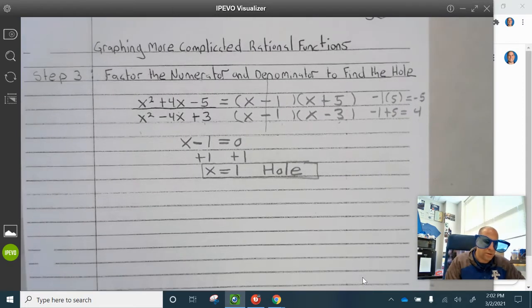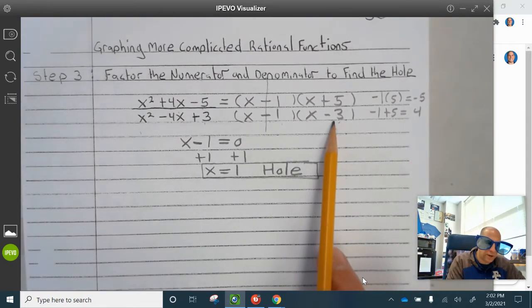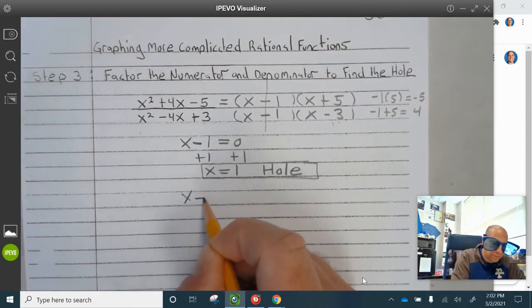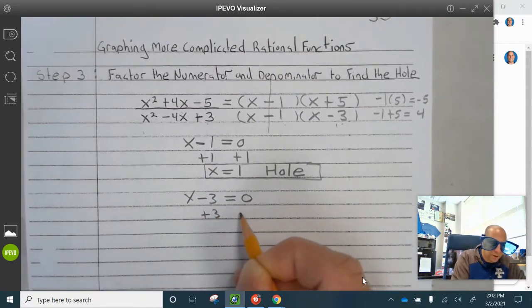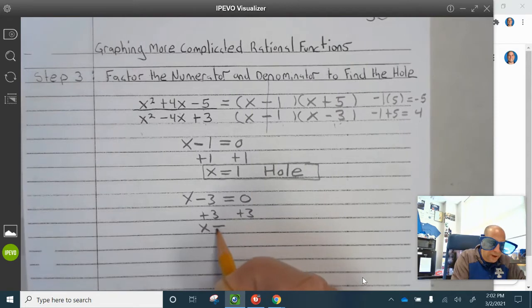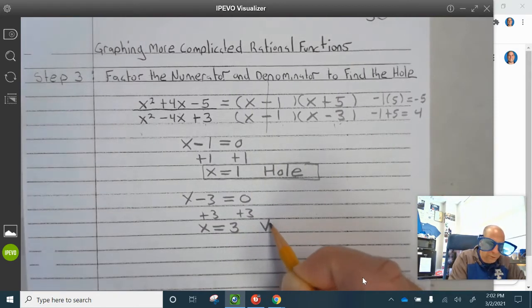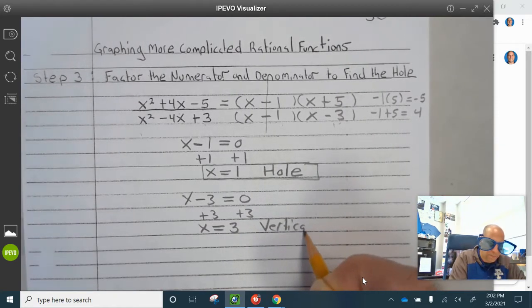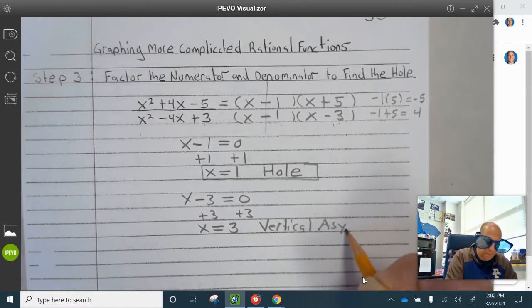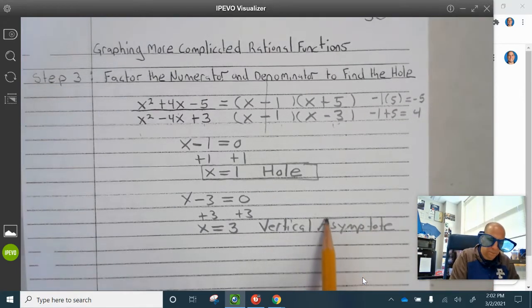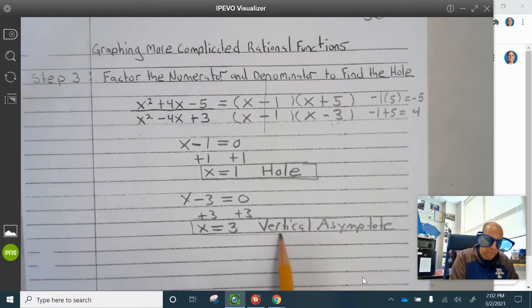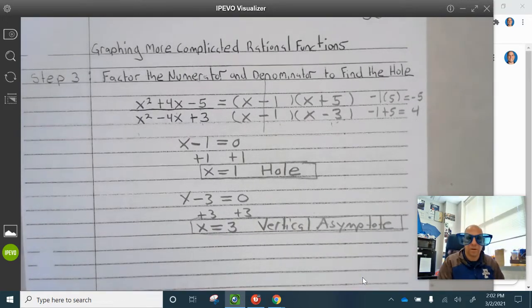Now, the remaining denominator you set equal to 0, so x minus 3 equal to 0. Add 3 to both sides. So x equals 3 is your vertical asymptote. Okay?